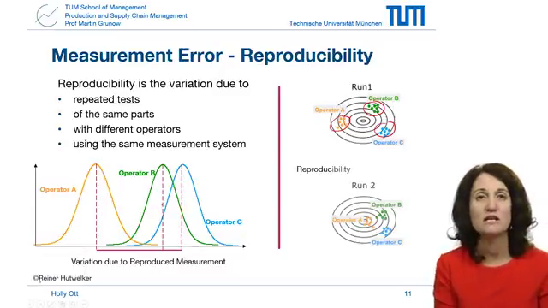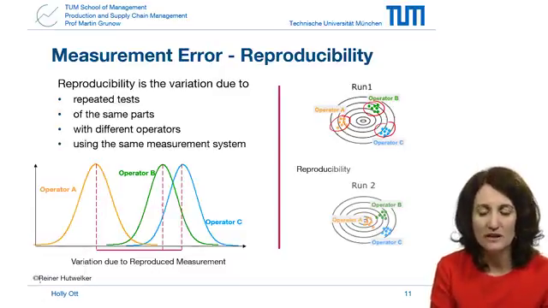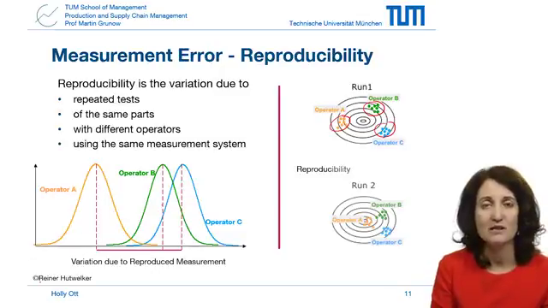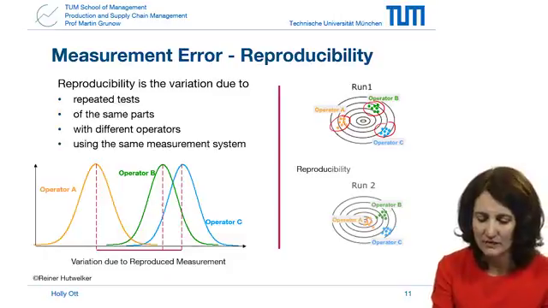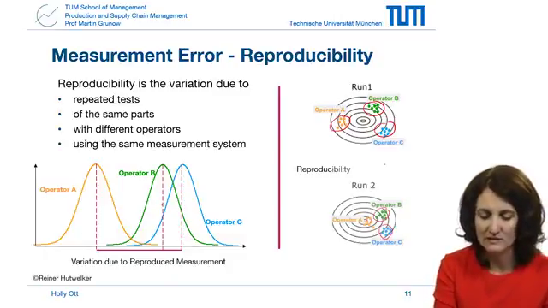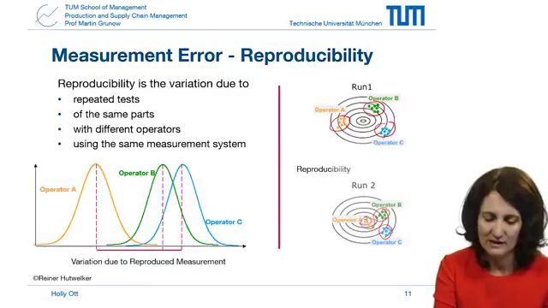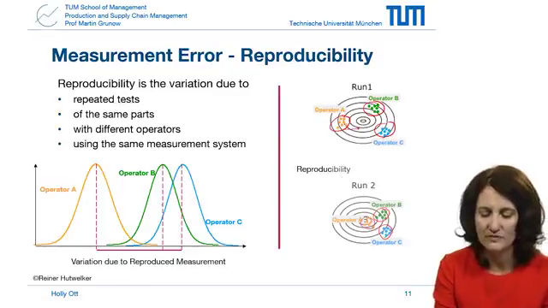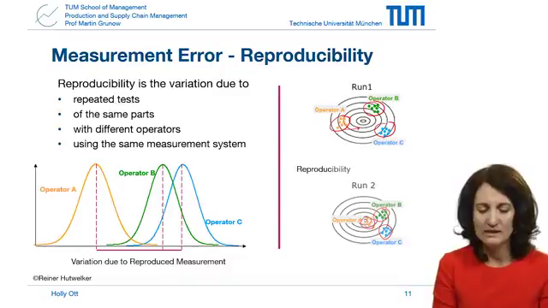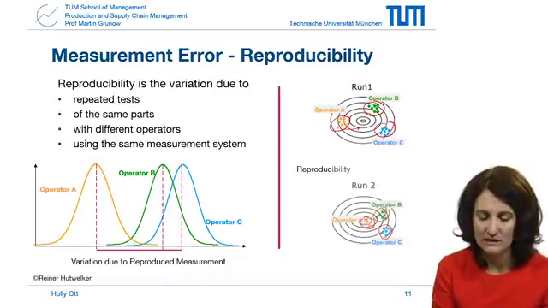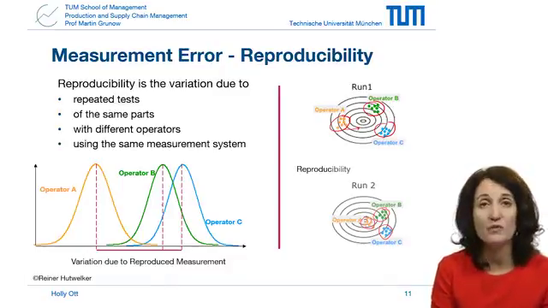We're interested in the variability on the same part with the same equipment, but tested by a different operator. And say they run again, on operators A, B, and C, actually similar results. Operator A has drifted towards the center there. So you can see that in this example, we have variability due to the individual operators.